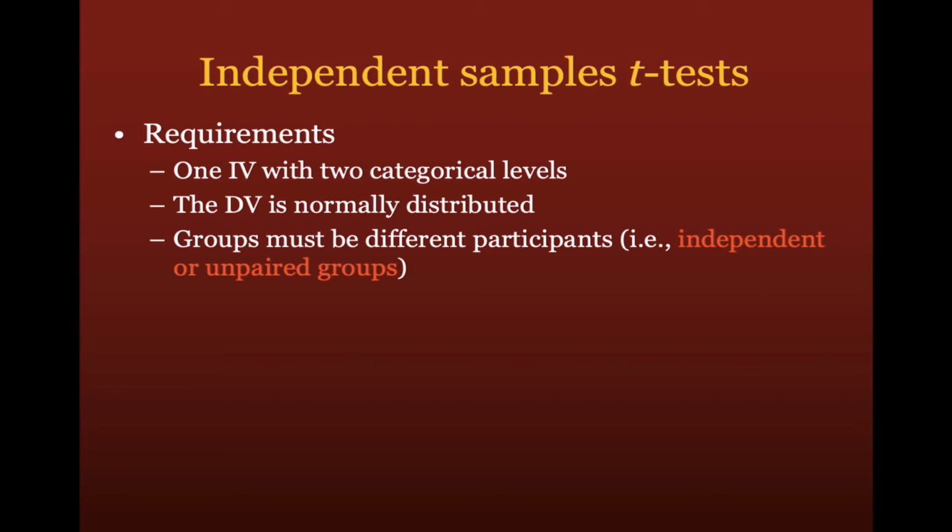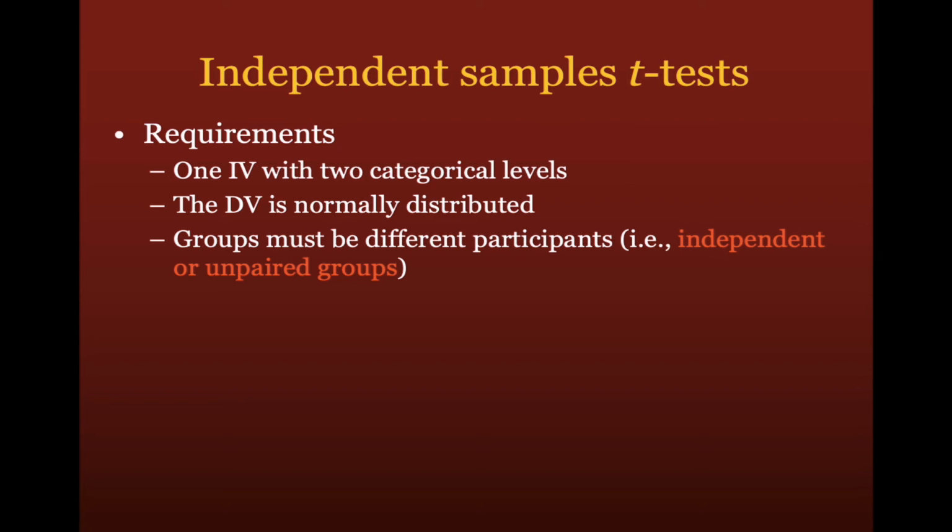One of the basic assumptions for a t-test, and when we get to ANOVAs as well, is that you have normal distribution of scores. And then finally, because the groups have to be different, this is the type of t-test that you would use if you had an independent groups design. Remember, independent groups design means that you have two independent samples of participants.